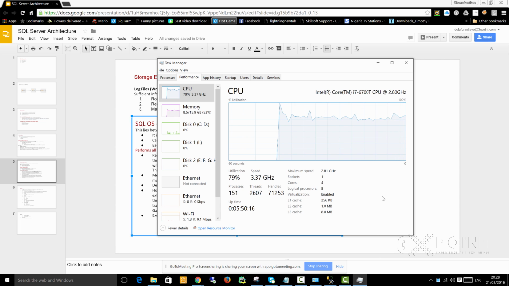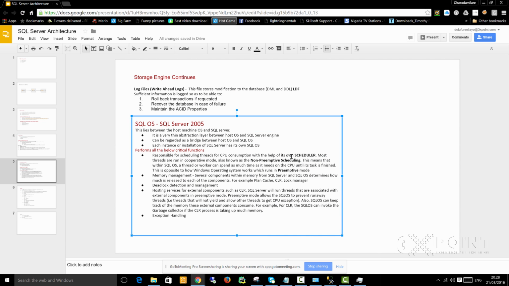So depending on the configuration, some environments have one socket, they may have 2 cores, but those 2 cores might actually be quad core, and that would mean you ultimately have 8 logical processors, because each of the cores is quad, meaning 4. So regardless, the logical processor is the most important thing here, whereby each logical processor is also assigned to one scheduler.